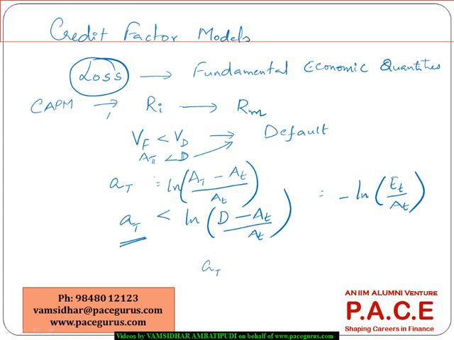So that is how the assessment of default and the asset returns are linked as a part of the credit factor models. It may link the market risk or an index, or betas can be brought in to assess the return on the asset as well as the variance of the asset returns.